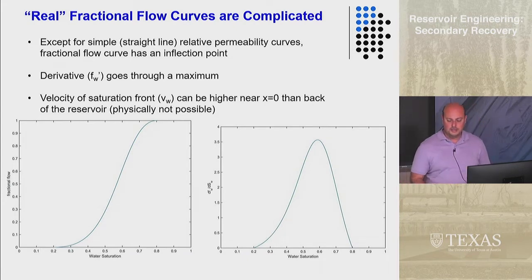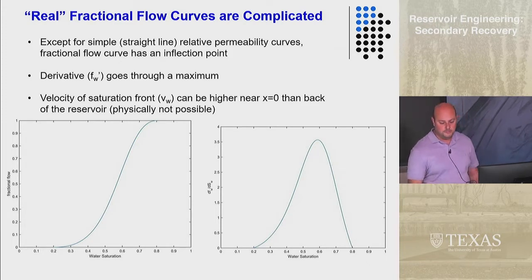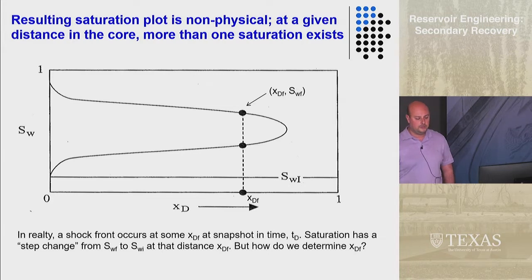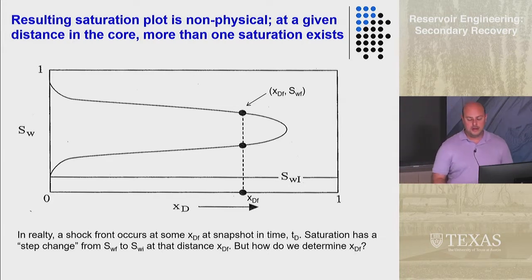Remember that the velocity of a saturation front, VW, is equal to dFW/dSW. And so if you follow the procedure that we described in the previous 2 lectures for calculating the saturation of water along the reservoir from the injector all the way to the producer, so SW versus distance, if you follow that procedure for a normal relative permeability curve, you'll get something funny, which is you start at 1 minus SOR, it's decreasing, which makes sense, but then it gets to this point and it comes all the way back.